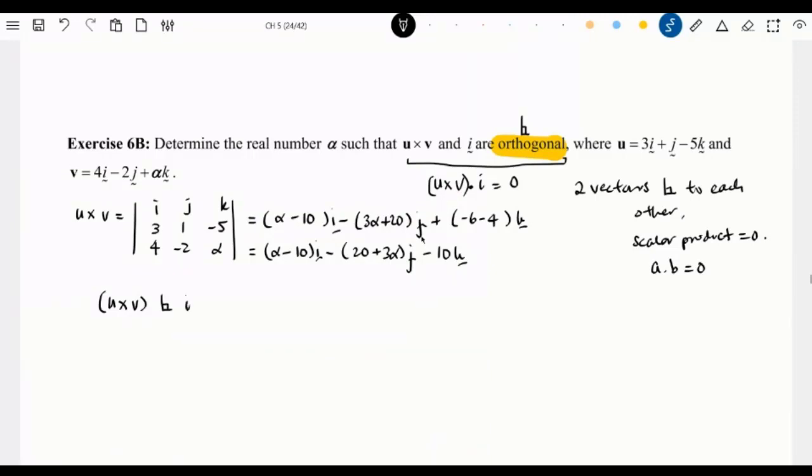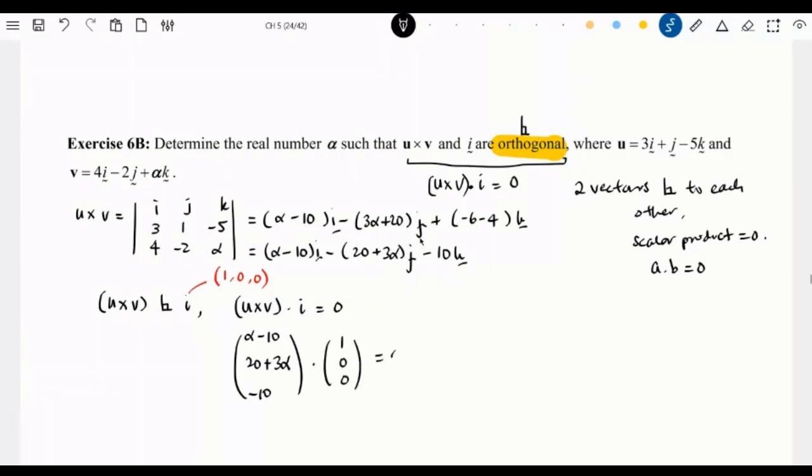Okay. So now we know that U cross V perpendicular to the I. So directly kita tahu U cross V dot with I equal to 0. Okay, I di sini maksudnya adalah koordinat dia adalah 1, 0, 0. Okay, so we have it, your U cross V adalah alpha minus 10, 20 plus 3 alpha, negative 10 dot with 1, 0, 0 equal to 0.